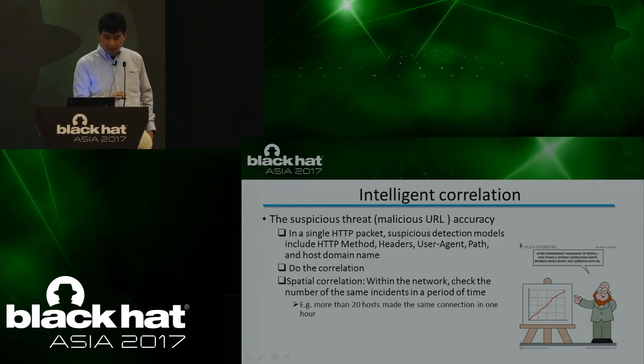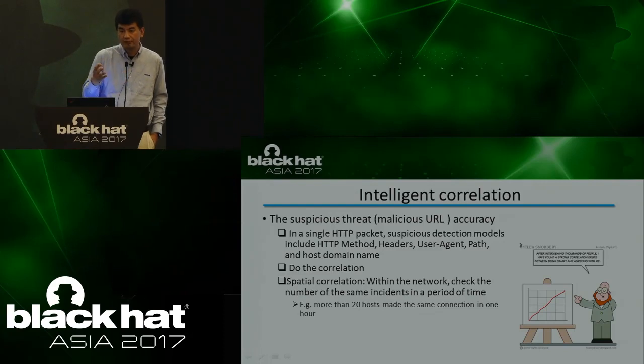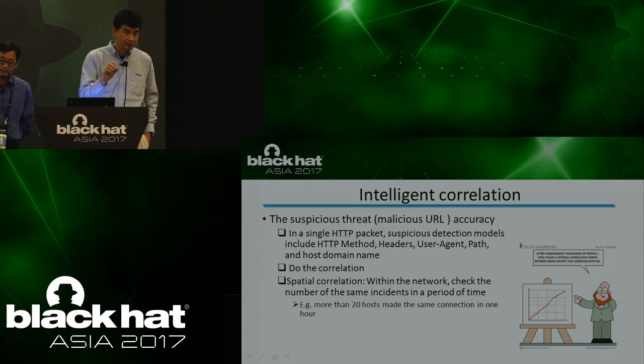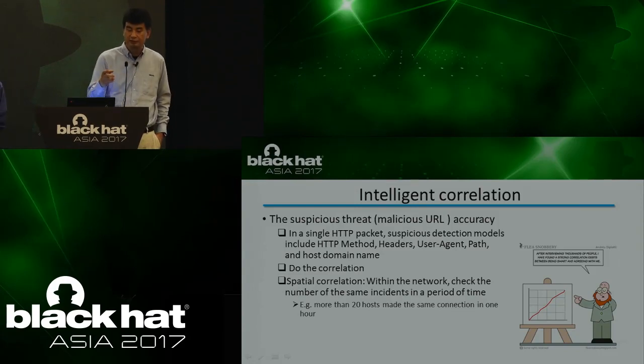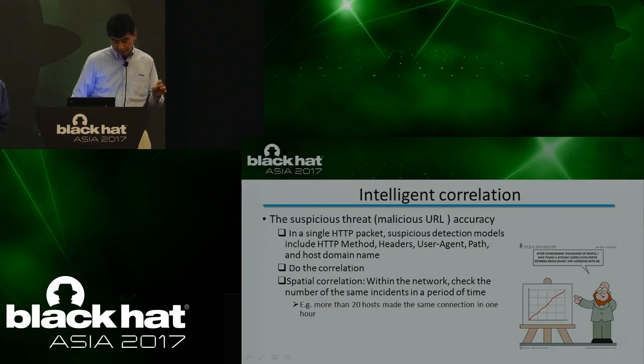And lastly, from the global domain: in our experience, if 20 or 100 hosts have the same URL detection, probably that means your detection is wrong. It's a false positive. But that's just for one object.